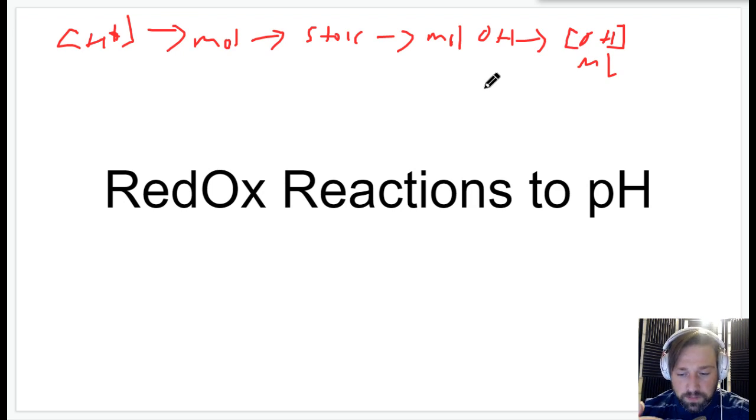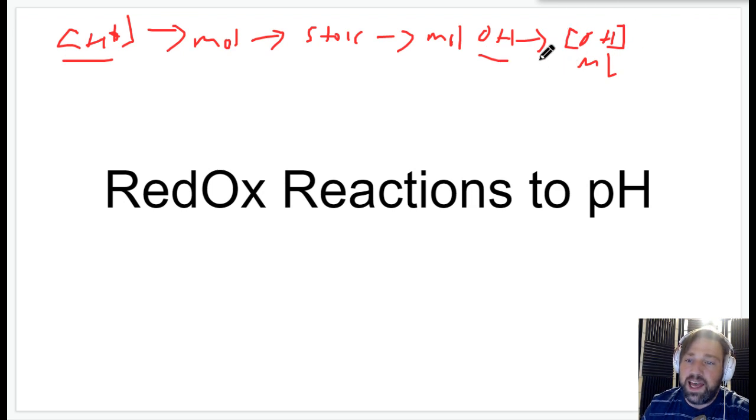The questions will give you something. It's not going to be moles. It will be a concentration or a mass or something like that, and then you're going to have to convert that to moles, balance an equation, then do some stoichiometry to go from moles of something to moles of something else in the reaction, and then you'll have to convert that to a concentration again.